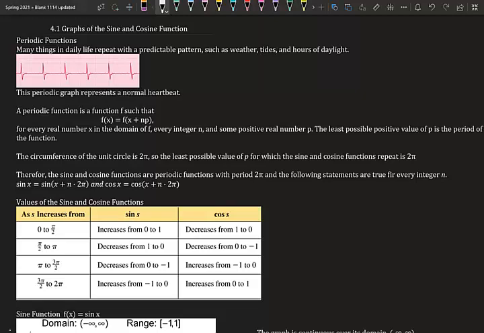The circumference of the unit circle is 2 pi, so the least positive value of p for which the sine and cosine functions repeat is 2 pi, because 2 pi is the full unit circle. Therefore, the sine and cosine functions are periodic functions with period 2 pi, and the following statements are true for every integer n: sine x equals sine of (x plus n times 2 pi), and cosine x equals cosine of (x plus n times 2 pi). That's the math terminology of what we're about to talk about.